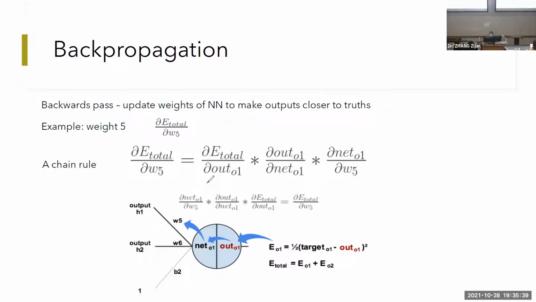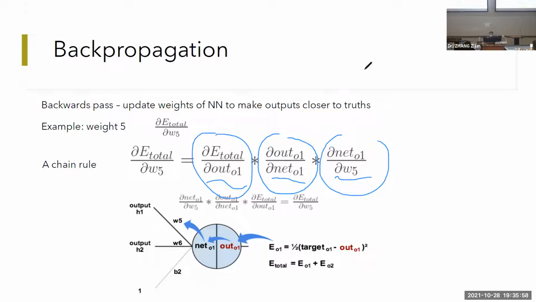We expand it, and then we have these 3 terms. Then we want to talk about the computation of these 3 derivatives to obtain the true gradient for weight 5.